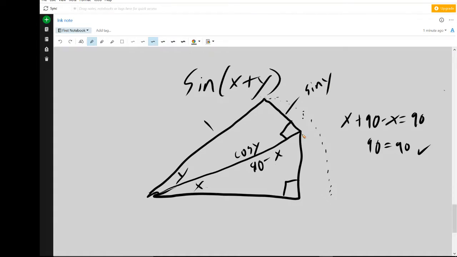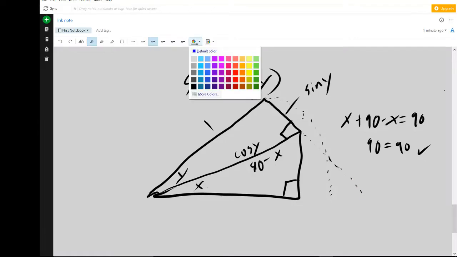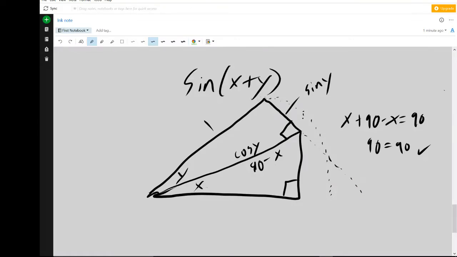So now we're going to extend this line, right? We're not going to actually do it, we're going to pretend we're doing it, if you will. So we've got this green line right here that extends all the way down and creates a larger triangle with our x angle.